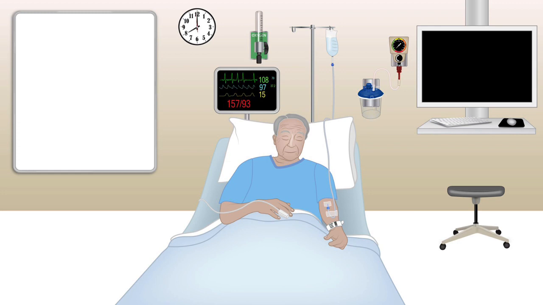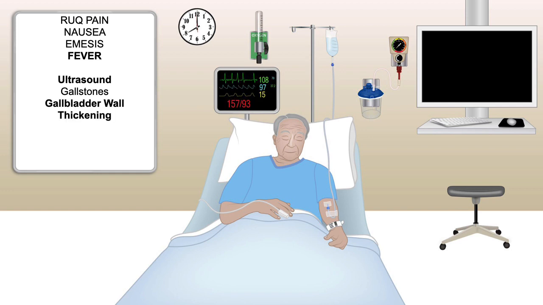On the other hand, if you see another patient who presents with the right upper quadrant pain, nausea, vomitings, and fever, and if you do an ultrasound, it shows gallstones and the gallbladder wall is thickened, and the blood tests show elevated white cell count, and the bilirubin and liver enzymes are normal, you suspect that the patient has acute cholecystitis.